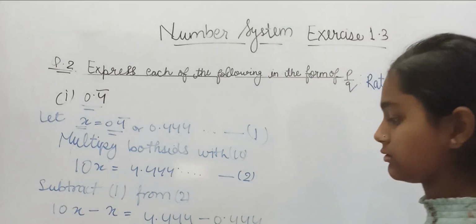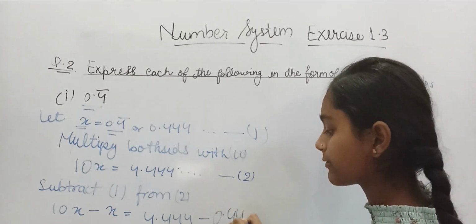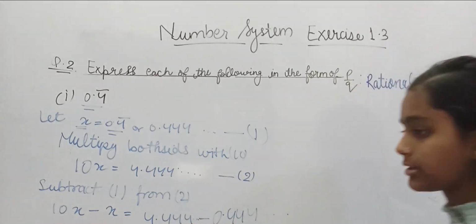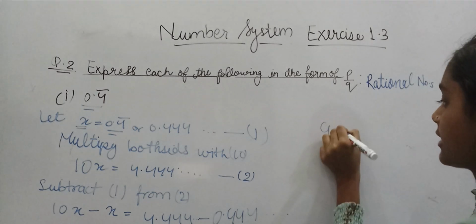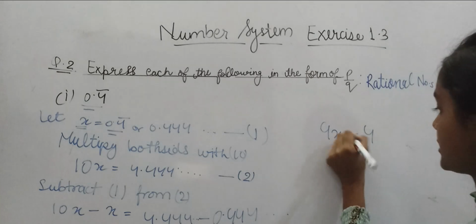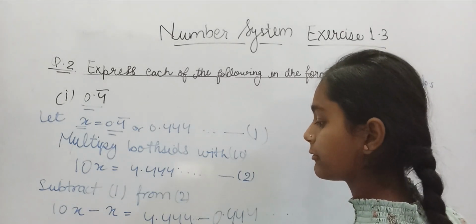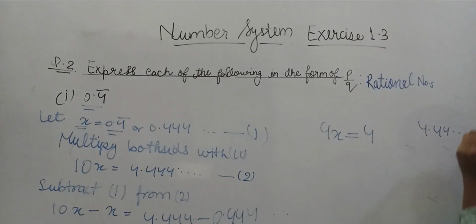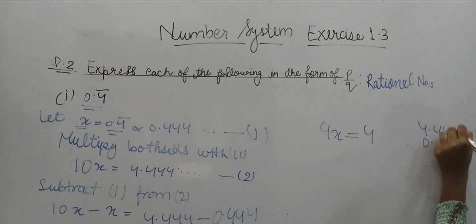4.444 minus 0.444 and so on. Do not forget to add this. Now what we would get is 9x is equal to 4. Let's do the calculation here: 4.444 and so on minus 0.444 and so on.